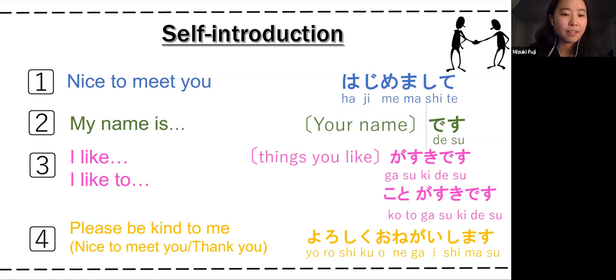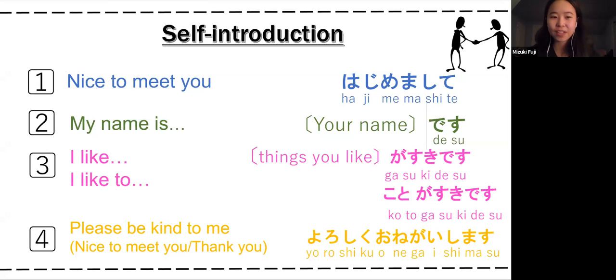Number 1, nice to meet you means hajimemashite. Number 2, my name is ...desu. Like for me, Mizuki desu.